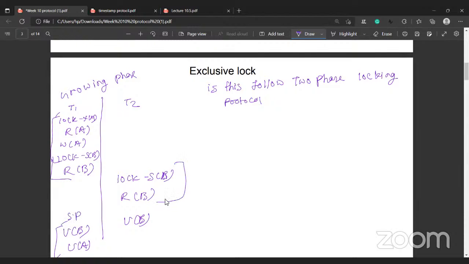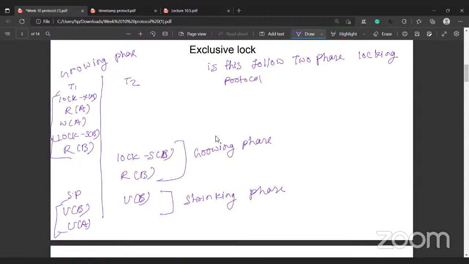And this is the growing phase, and this is the shrinking phase for transaction T2. After the shrinking phase, no transaction obtains a lock on any data item, in T1 and T2 also. So this follows 2PL, the two-phase locking protocol.